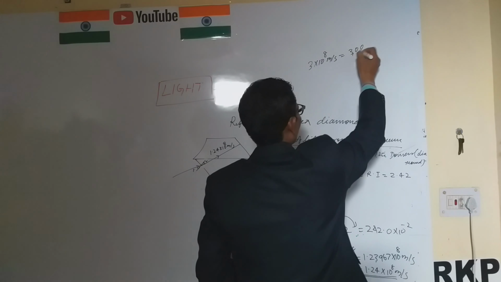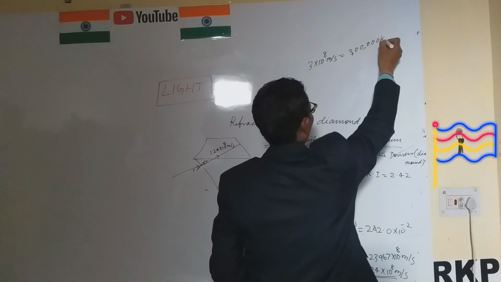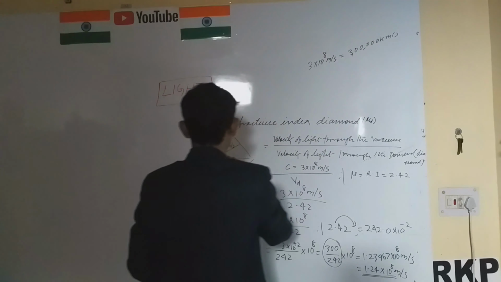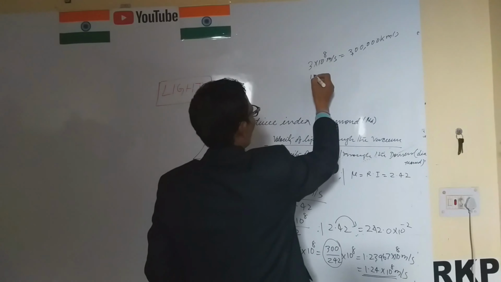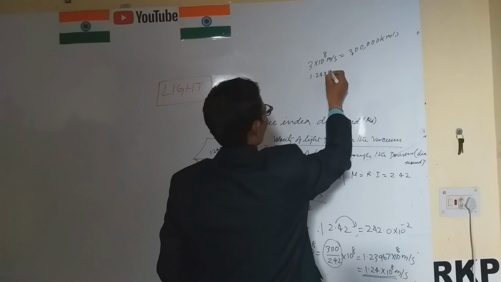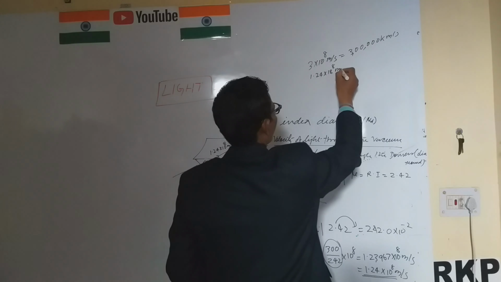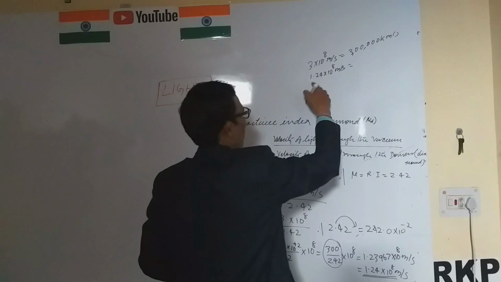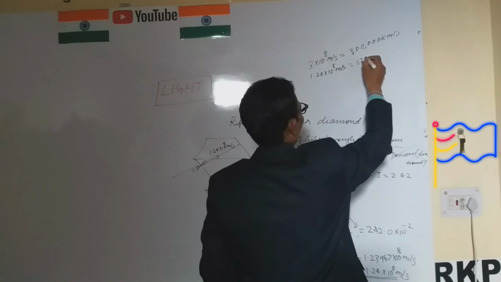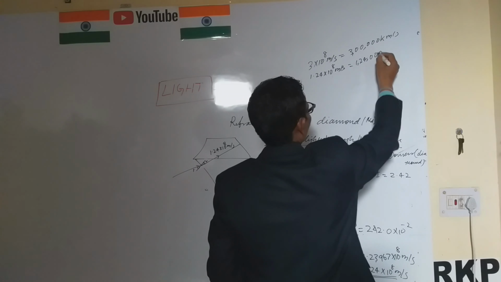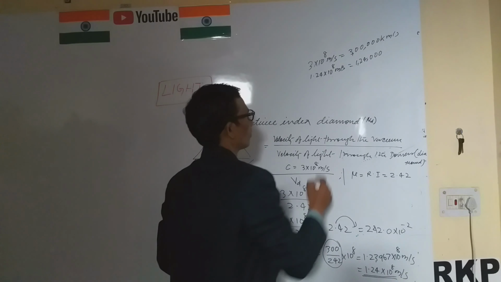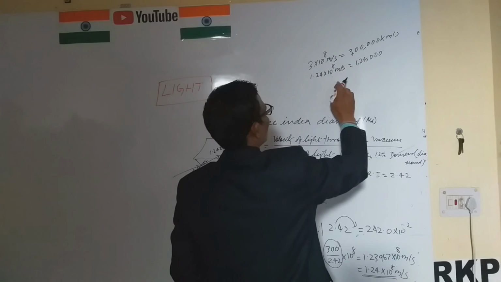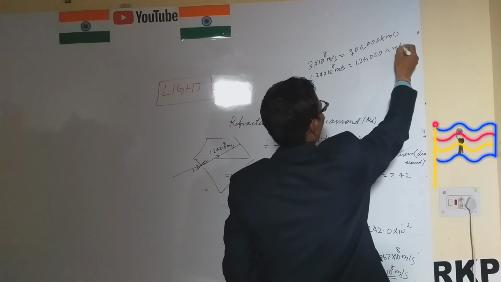which may be said as 3 lakh kilometer per second, whereas here it is 1.24 into 10 to the power 8 meter per second. It may be written as 1,24,000 kilometer per second.